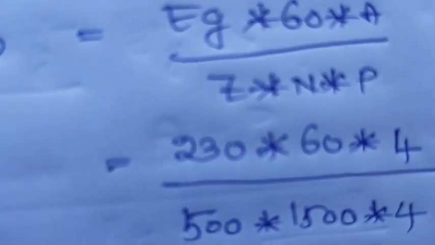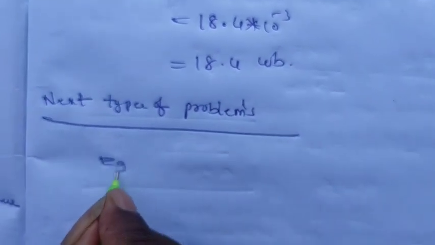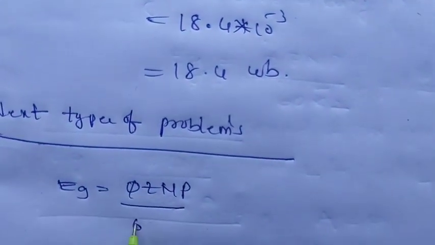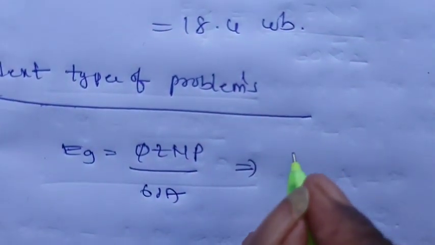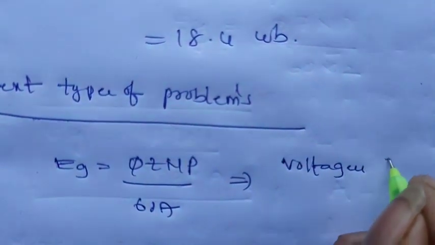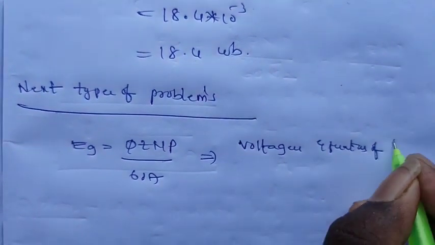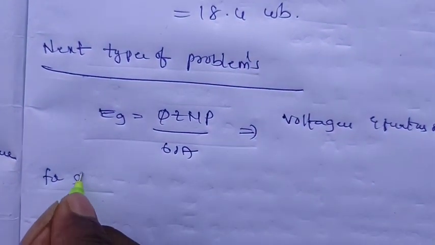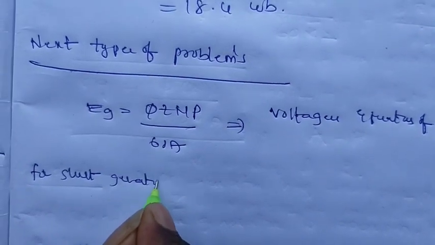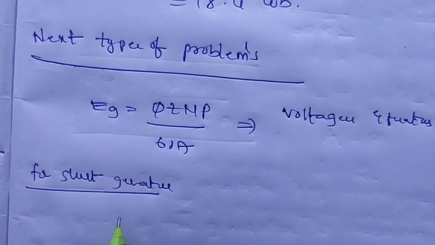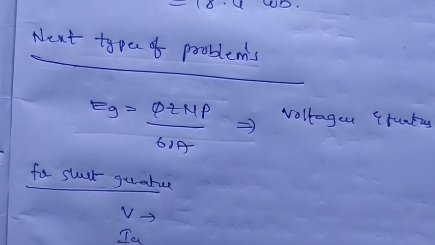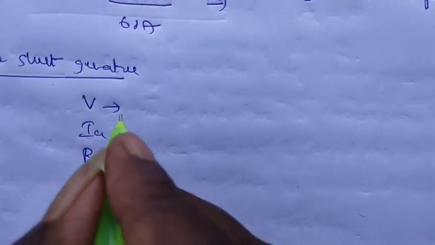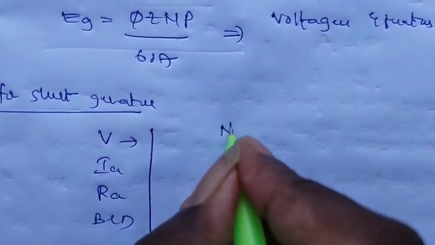Okay, next, the type of problems they ask: compare the equation Eg = φZNP/60A with the voltage equations of DC generators. For example, for a shunt generator, they give in the problem the V value, Ia value, Ra value and brush contact drop, and they ask for the speed.